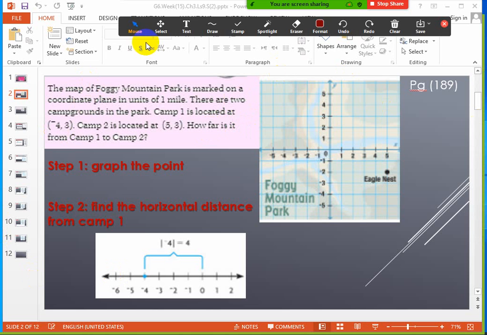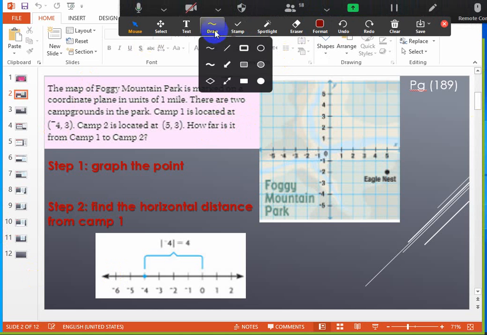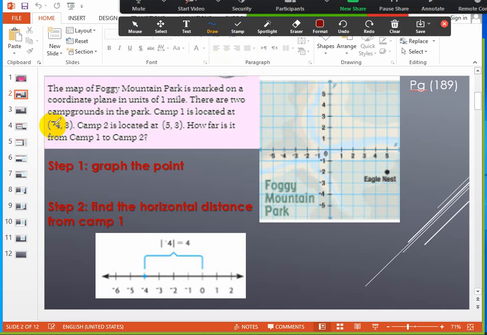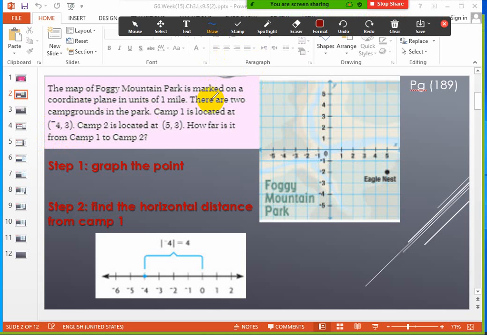So I want to locate the points first. The first point is (-4, 3). That means the x is negative, the y is positive. -4 means it will be on the left side of 0. This is -4. What about the 3? The 3 will be here on the y-axis, up over the 0.